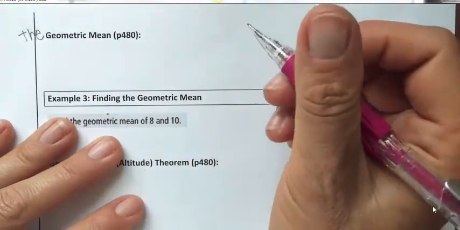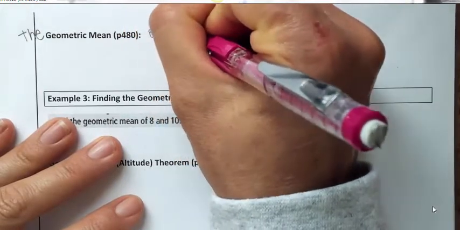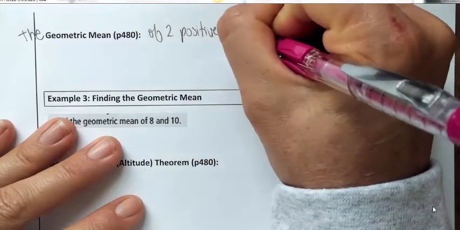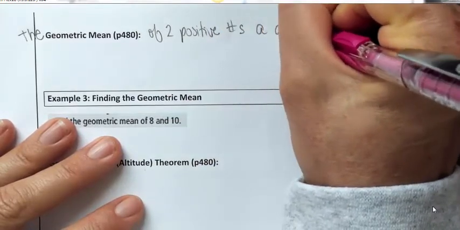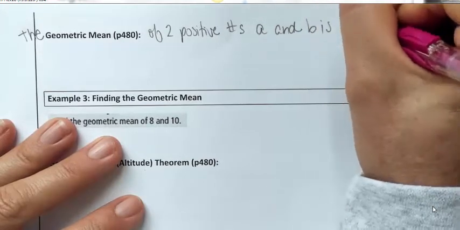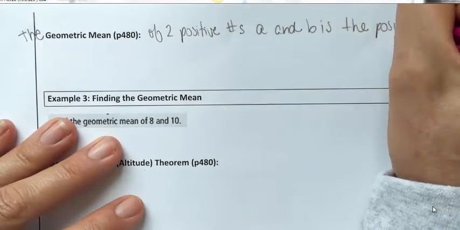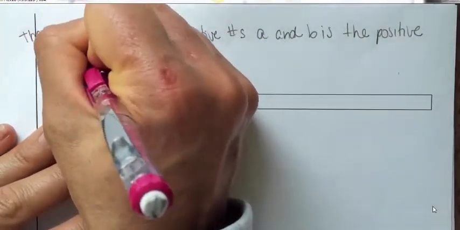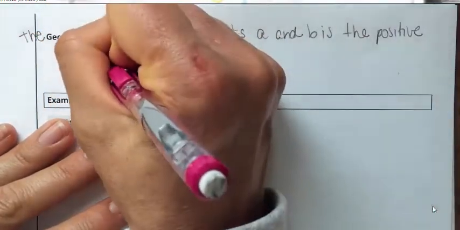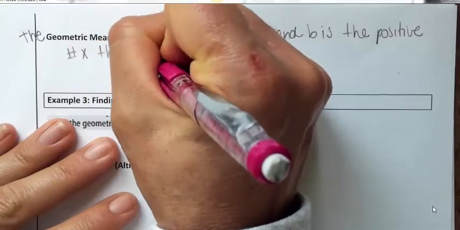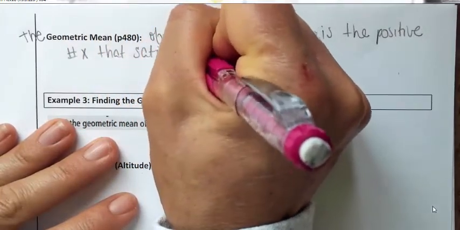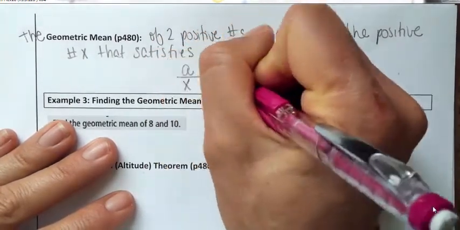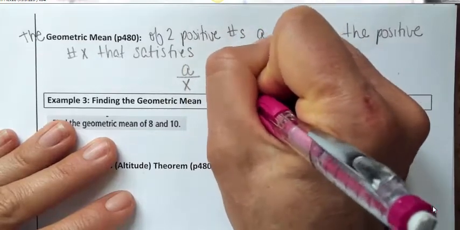The geometric mean of 2 positive numbers, A and B, is the positive number X that satisfies this: if I put A over X, it'll equal X over B.